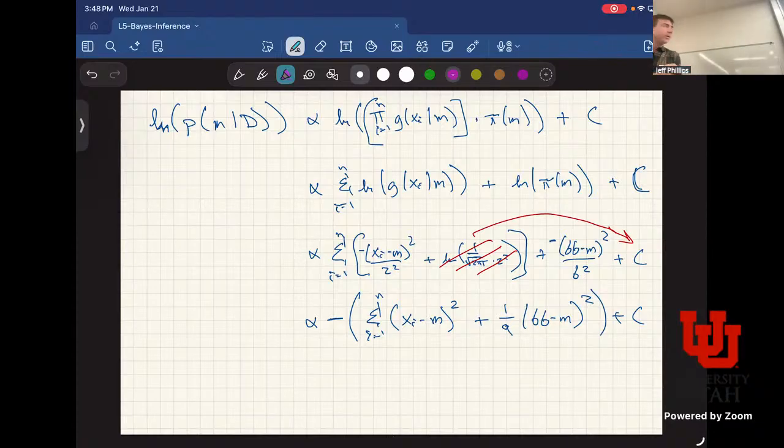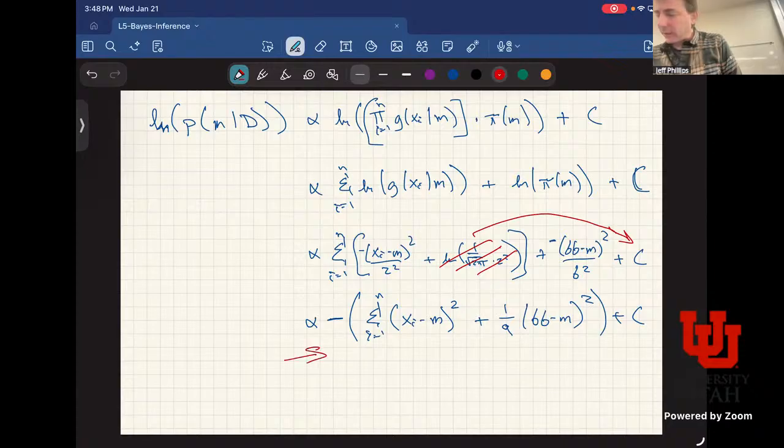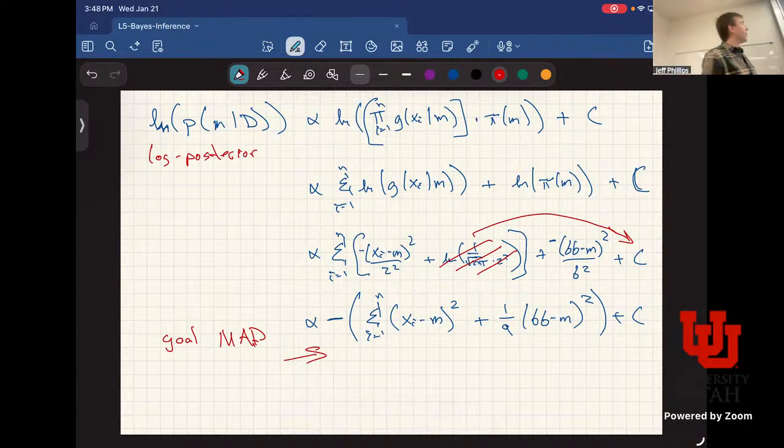Okay, so now when I want to find the argmax of this, this is basically my answer. I want to find the MAP estimate, the maximum a posteriori. Remember, this was the log posterior. I would find the maximum a posteriori, called the MAP estimate, maximizing the choice of model over this.